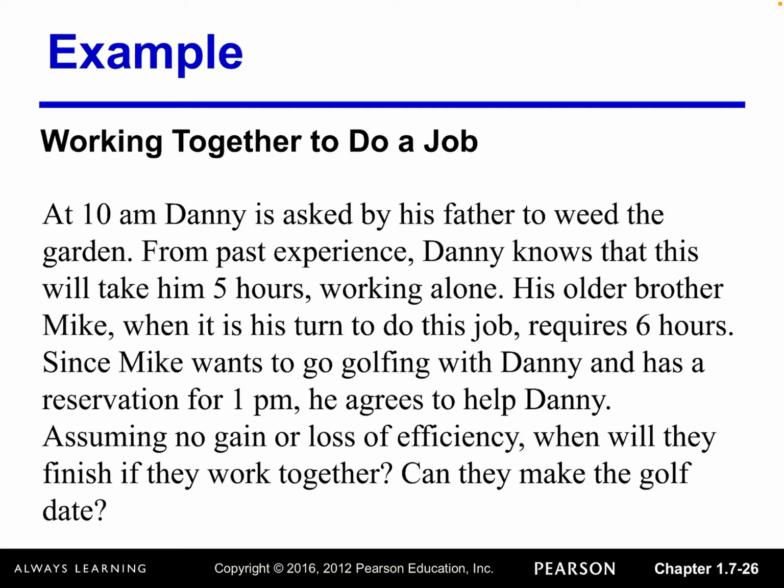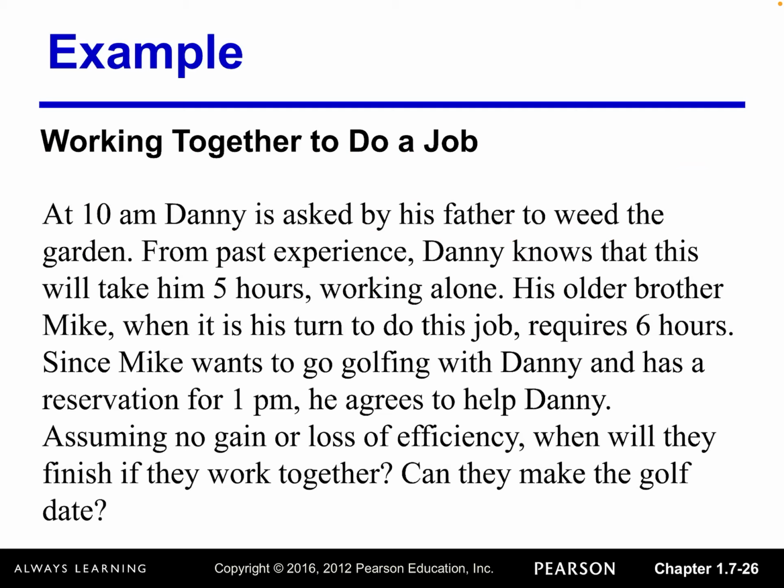It says, at 10 o'clock a.m., Danny is asked by his father to weed the garden. From past experience, Danny knows that this job will take him 5 hours working alone. His older brother Mike, when it is his turn to do this job, requires 6 hours.